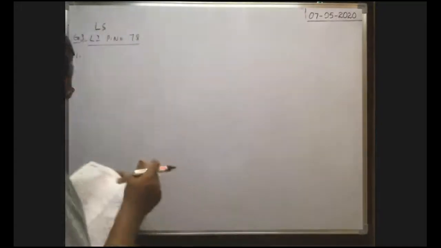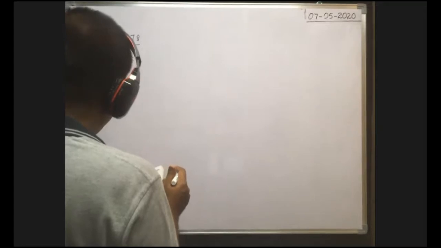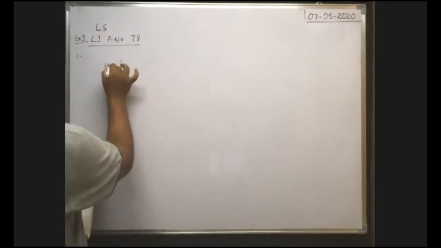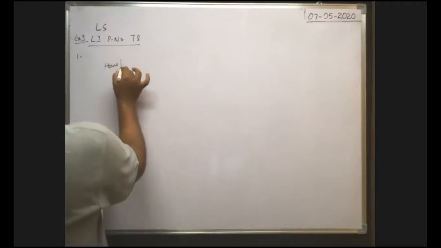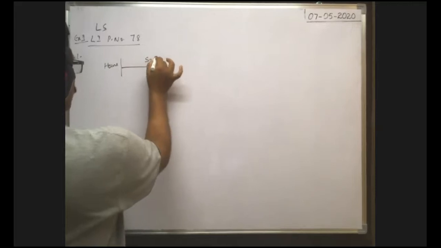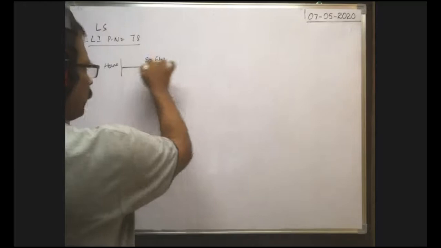Here, a boy walks to his school at a distance of 6 km with a constant speed. Suppose this is the house. The boy walks a distance s equal to 6 km in the forward direction, whatever the path may be, curved or straight.